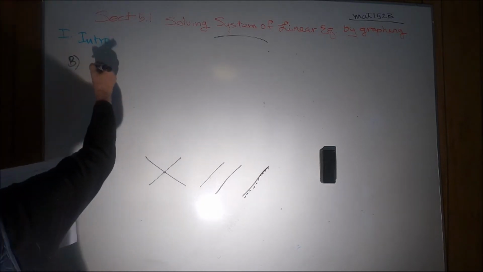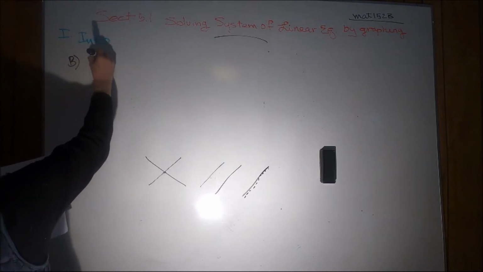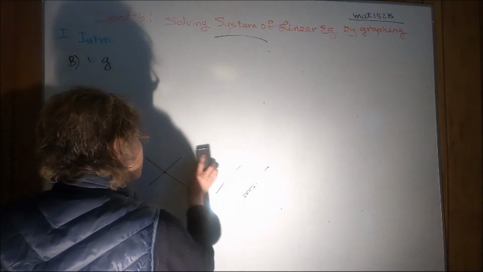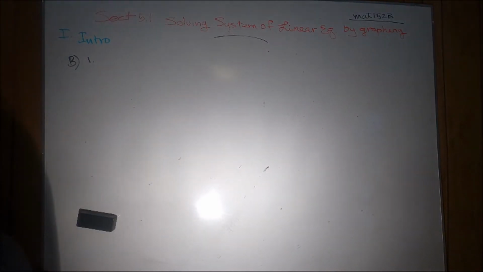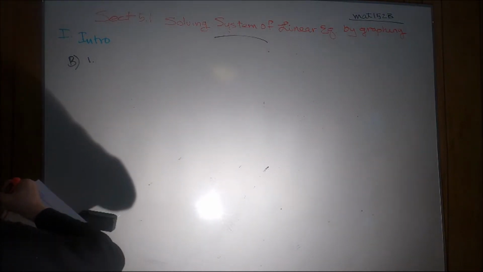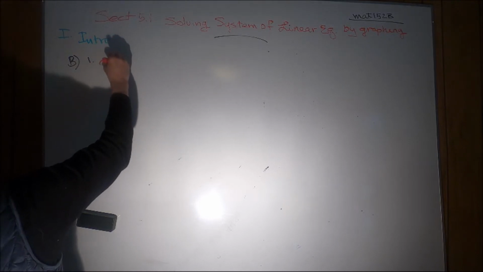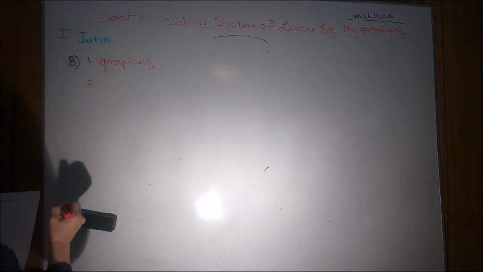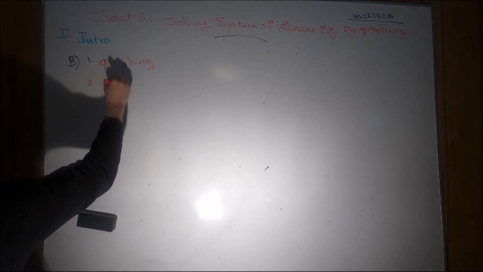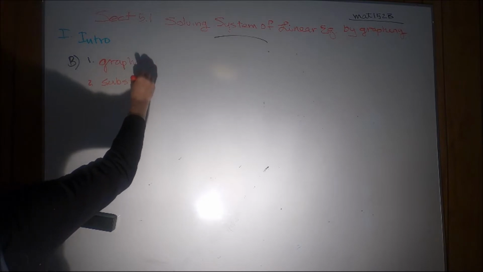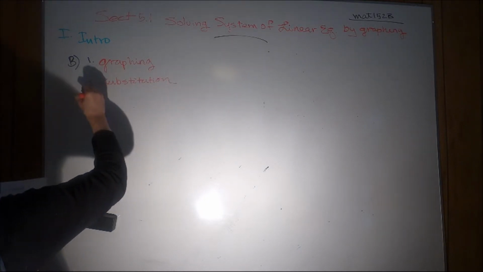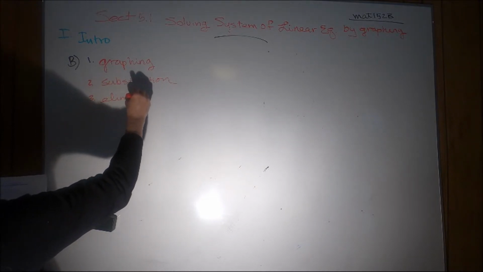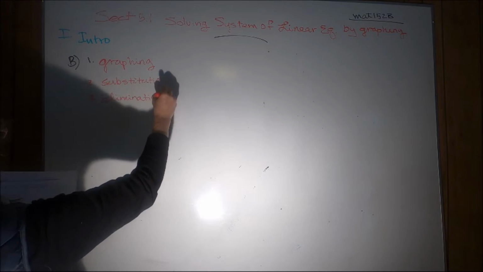There are 3 ways of solving it. Let's just write it down first. First method we are going to use is called graphing method. Second method would be something called substitution. Third one is called elimination or addition.